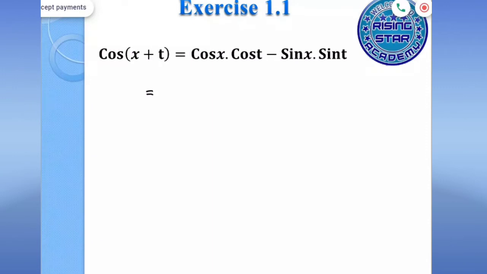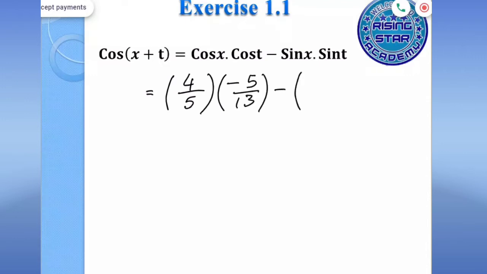Okay, now I will put the values. So cos x value we have calculated, that is 4 over 5. Cos t value is minus 5 by 13. Sine x value is given to us, that is 3 by 5, and sine t value is minus 12 by 13.